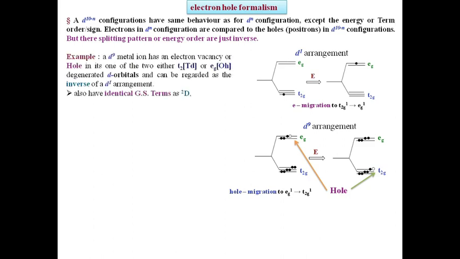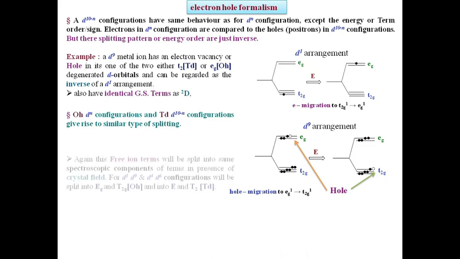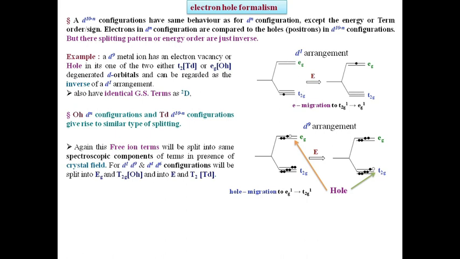One or two interesting features of hole formalism: octahedral dn configuration and tetrahedral d10-n configuration give rise to similar type of splitting. Again, the free ion terms will be split into the same spectroscopic components of terms in presence of crystal field.